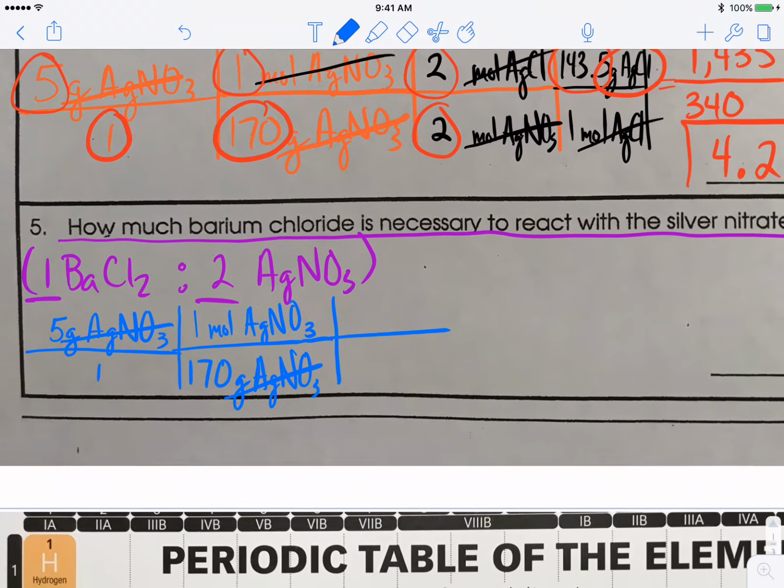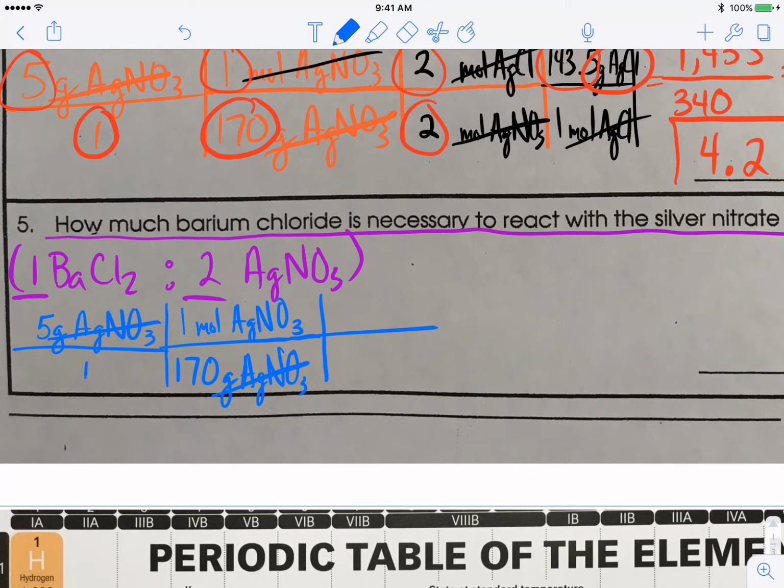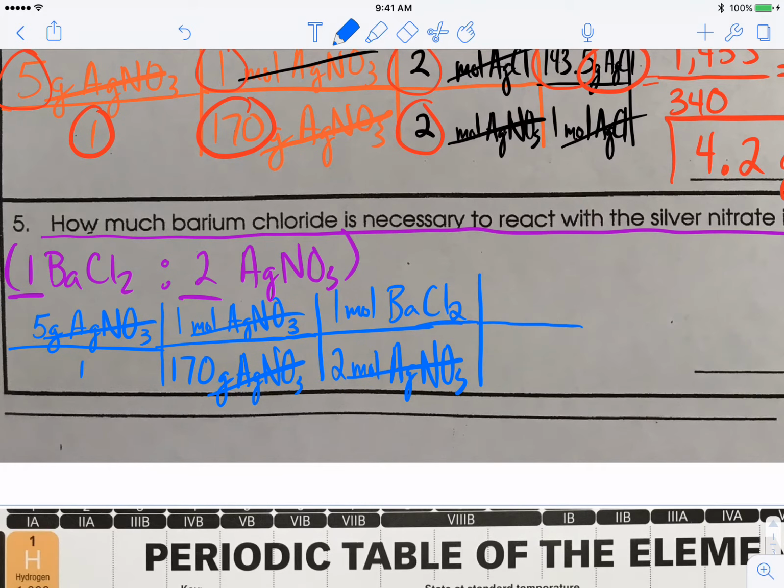Step 3 is where you compare the molar ratio. So for every 2 moles of silver nitrate, you have exactly 1 mole of barium chloride. You cancel out moles of silver nitrate. And finally, step number 4, you just do the molar mass of barium chloride. And that mass per mole is approximately 208 grams. And we can go ahead and cancel out moles of barium chloride.